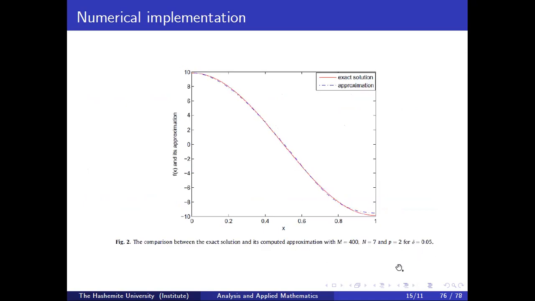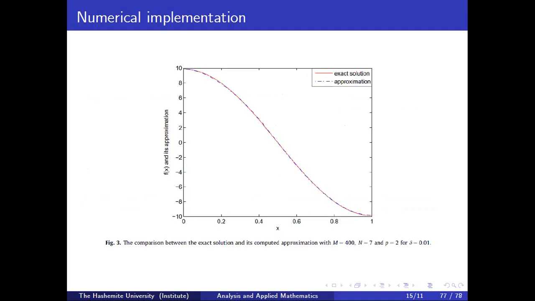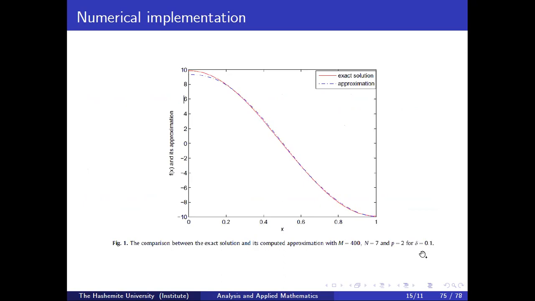And this is with noise level 0.05, we increase the noise level. And you can notice that even with noise level 0.1, we still have a good or acceptable approximation for the recovery of the function f.